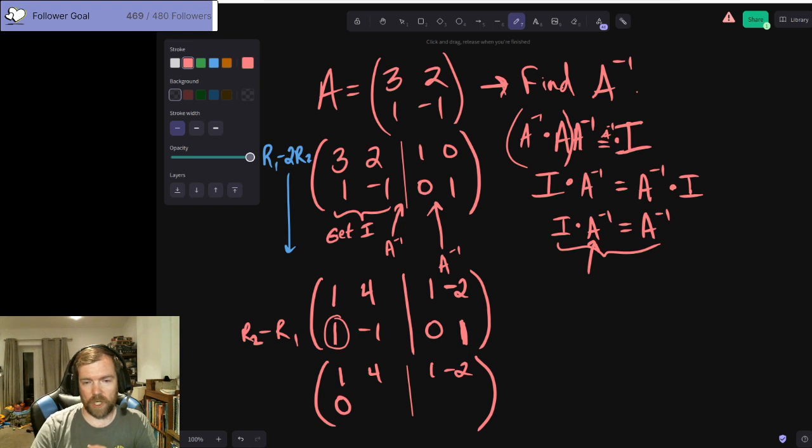So we're good. The next thing is 4, and then below it, row 2 is negative 1 minus row 1, which is 4. So this is going to be a negative 5. All right, same deal. Row 2 is 0 minus the 1 above it is going to be negative 1. Row 2 is 1 minus the thing above it is plus 2. So 1 plus 2 gets us 3.